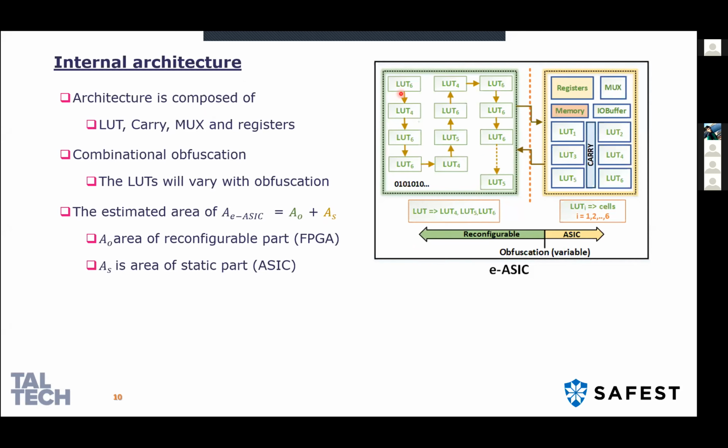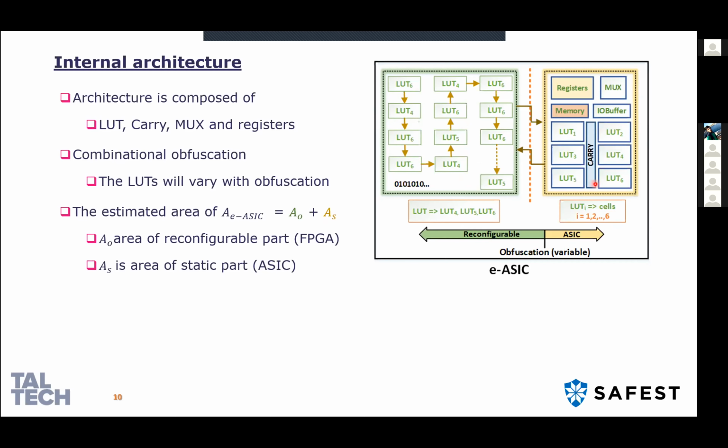Here, as we obfuscated LUT 4, 5, and 6, this is a chain constructed from LUT 4, 5, and 6. So this is like a very big bitstream.